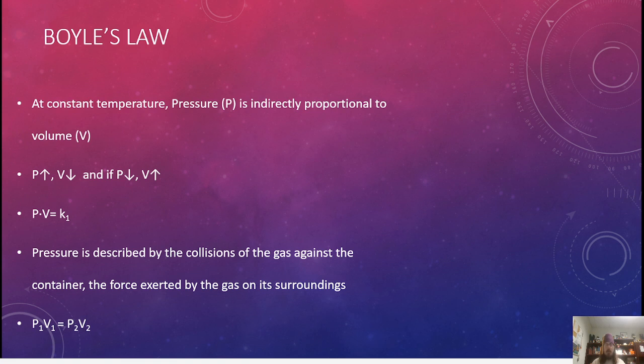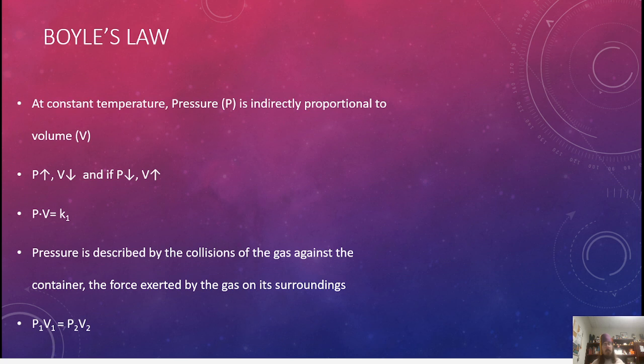Boyle's law, created by Robert Boyle, simply states that if you keep a gas's temperature constant, the pressure of that gas is inversely proportional to the volume, meaning a higher volume gas has a lower pressure. A higher pressure gas has a lower volume. It does not go on to explain why. It's just simply a statement of fact.